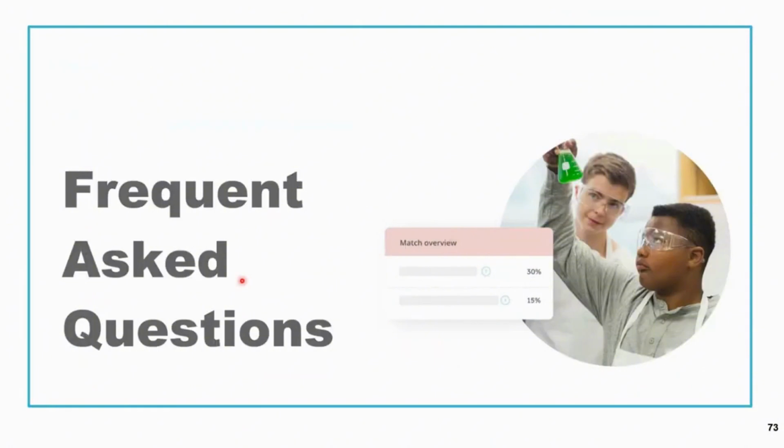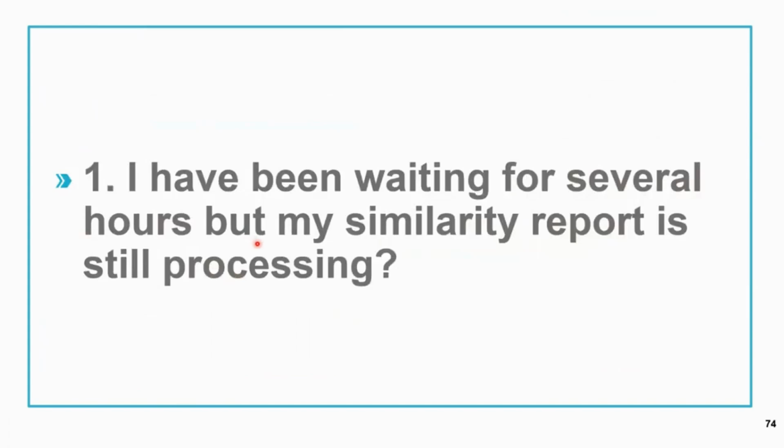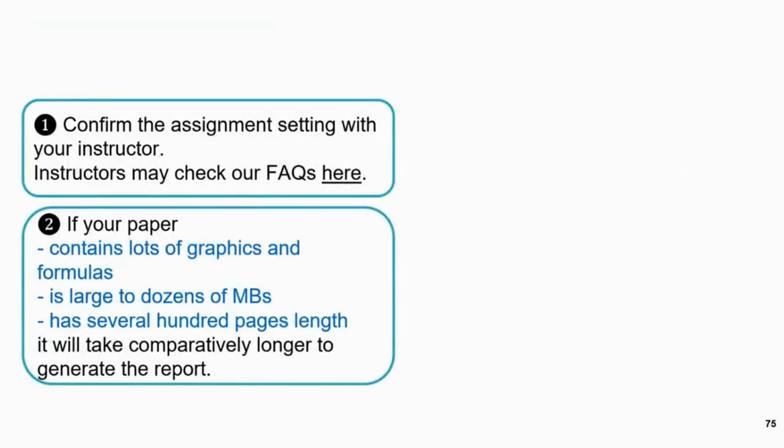And the last part is frequently asked questions. The first question is, I have been waiting for several hours, but my similarity report is still processing. What can I do? If your paper contains forms, figures, or hundreds of pages, the system will need more time to process it.